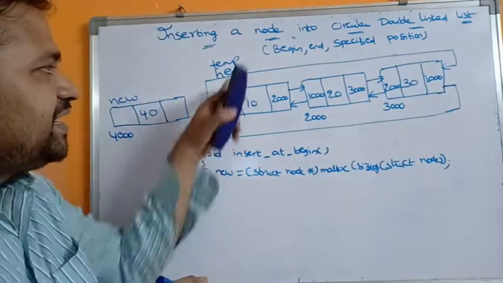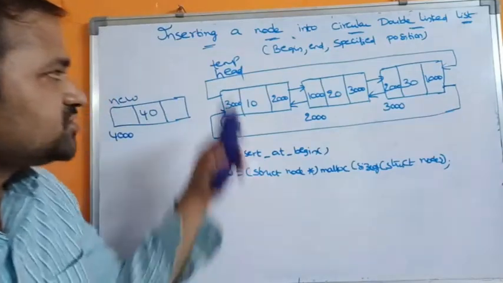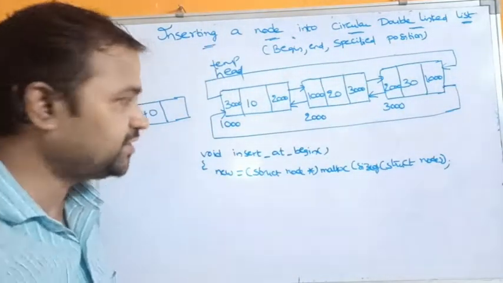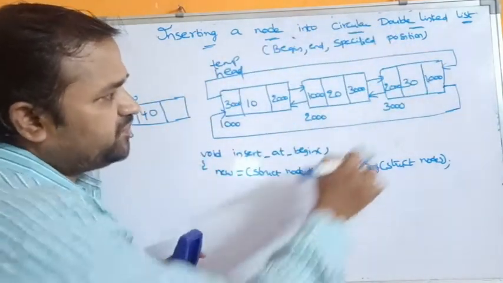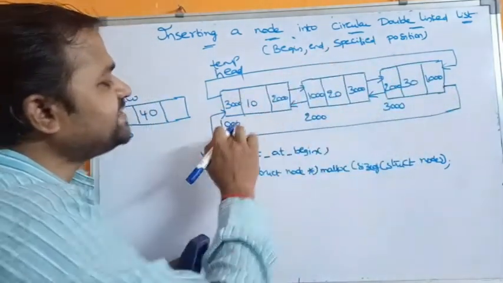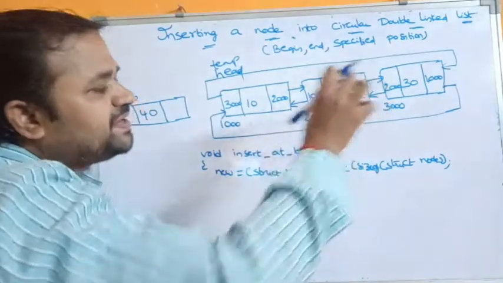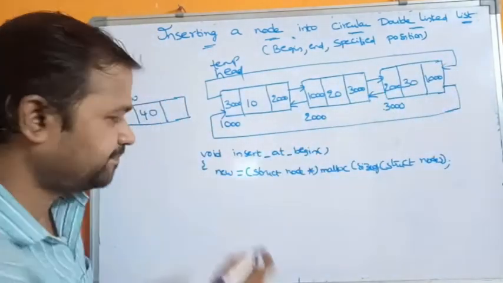So now we have to traverse the temp till we get the last node, so that in temp next field we can store address of the new node. Okay. So how we can traverse temp to its next node? Because we know that the last node next field is nothing but starting node address. So we have to perform the repetition as long as temp next is not equal to head.